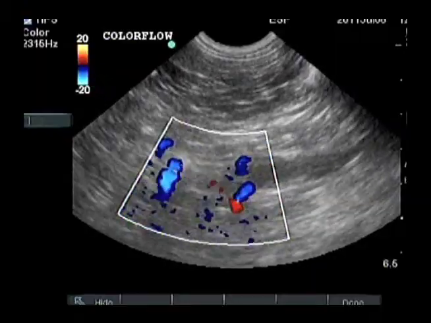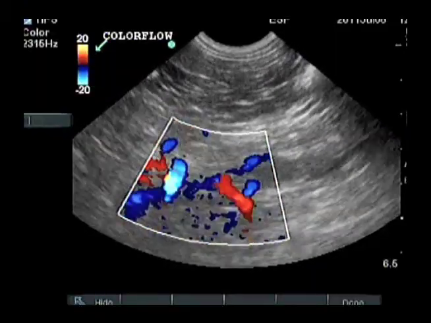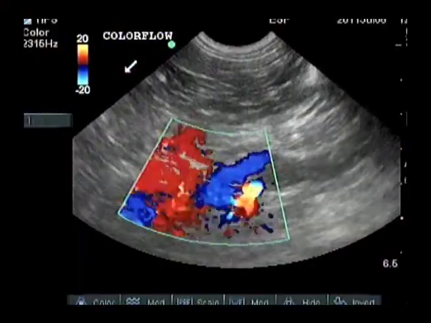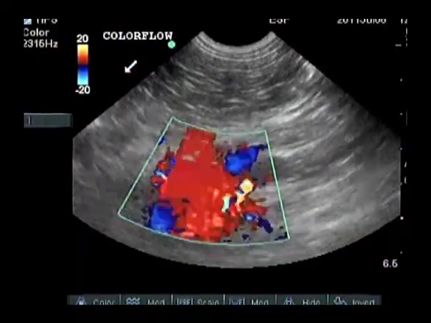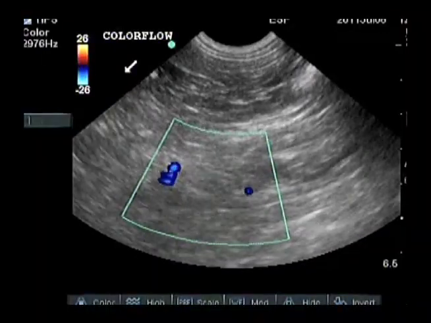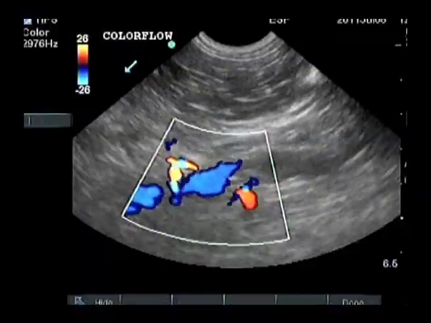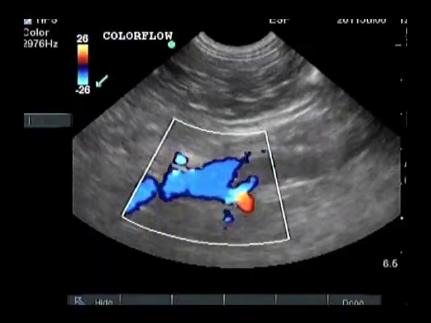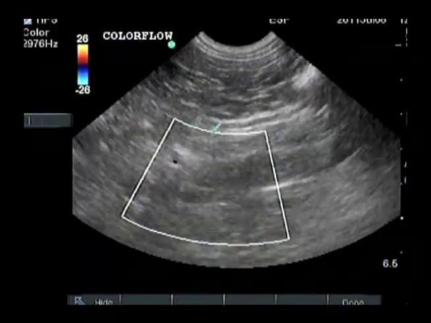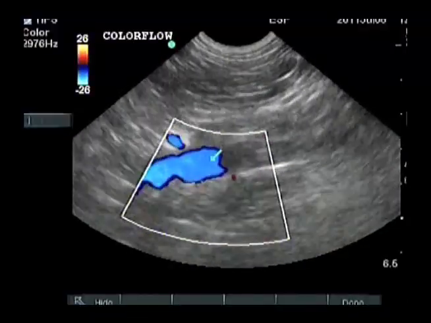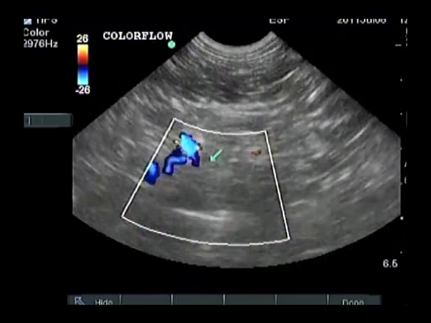Colors in the blood vessels of the abdomen may show a mixture of blue and white or red, yellow, and green. We can increase or decrease the PRF or scale to increase or decrease the Nyquist limit to try to match the blood flow velocity in the vessels we are studying.